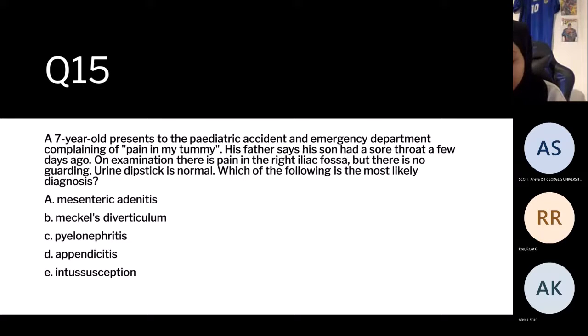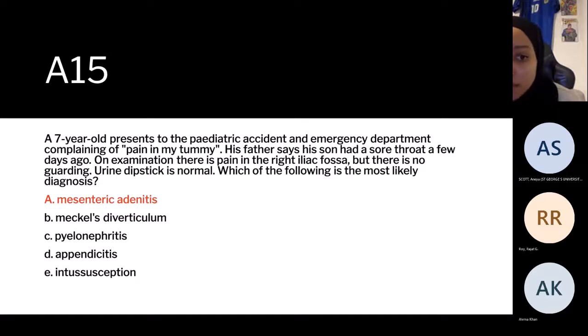Okay, I'll stop the poll. So with this question, it's between mesenteric adenitis and intussusception. The right response is mesenteric adenitis. The clue in the question comes from the fact that the son has had a sore throat a few days ago, and he's also got this right iliac fossa pain.